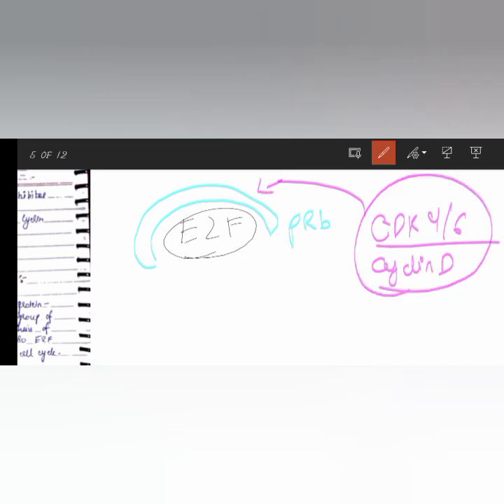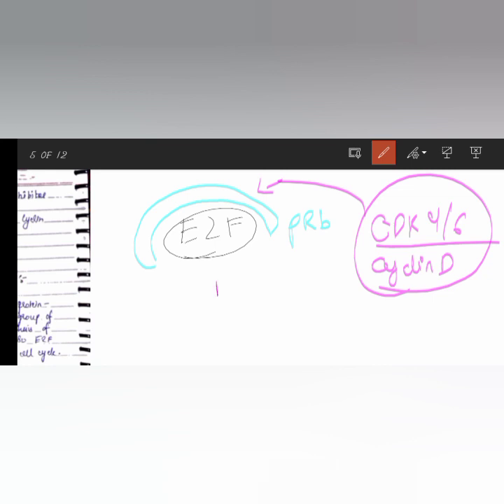This complex phosphorylates the pRB protein, which makes it inactive. Then they tag it with polyubiquitin and degrade the pRB. As a result, E2F becomes free and active and can do all its work, that is, production of the replication enzymes. The cell is now ready to progress from G1 to S phase.